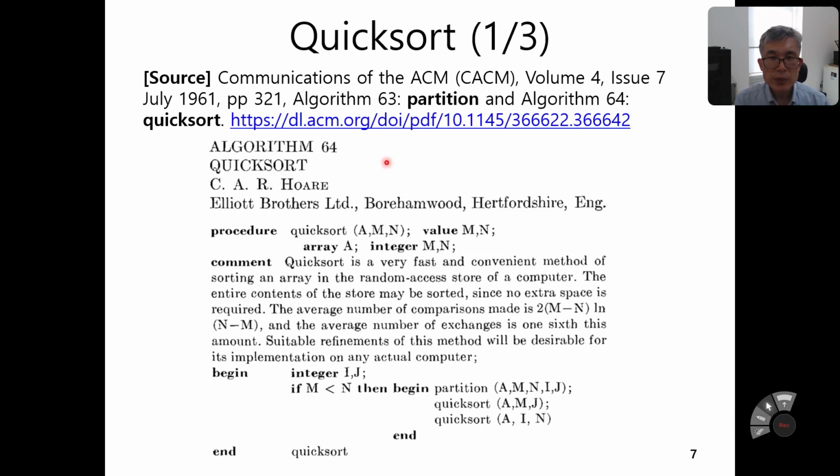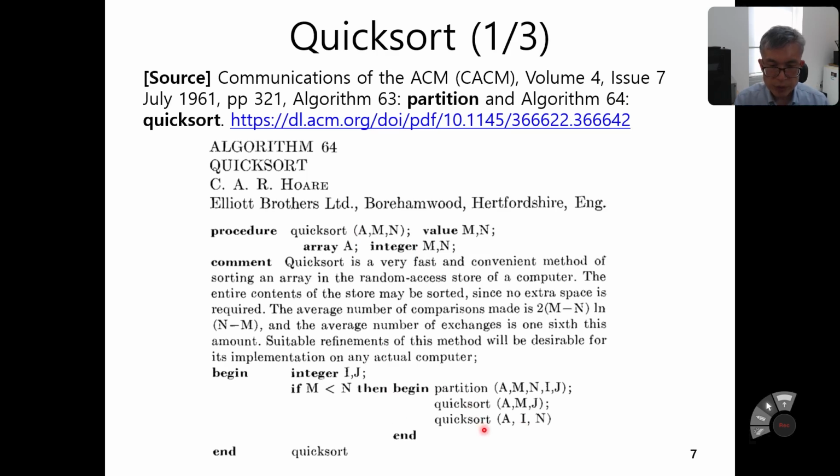So this is the original quicksort algorithm published in Communications of the ACM, Volume 4, Issue 7, July 1961. There are two algorithms: Algorithm 63 is partition, and Algorithm 64 is quicksort. You can click this link to take a look at the paper. This part is the quicksort part. You can see partition, and quicksort recursively.